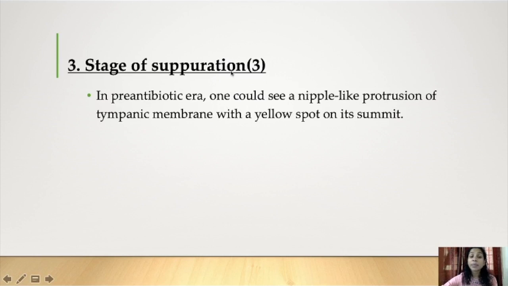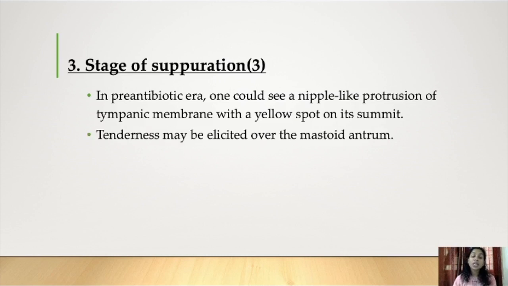In the pre-antibiotic era, that is, not in the antibiotic era, one could see a nipple-like protrusion of the tympanic membrane with a yellow spot on its summit. So you can see a protrusion of the tympanic membrane, a nipple-like protrusion. That is a pus point. Tenderness may be elicited over the mastoid antrum.